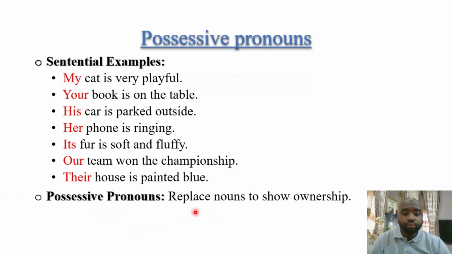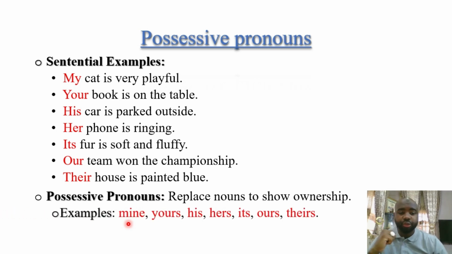So we also have another section, possessive pronouns itself. They replace nouns to show ownership. Example: mine, yours, his, hers, its, ours, theirs. Now let's move on and find out more.